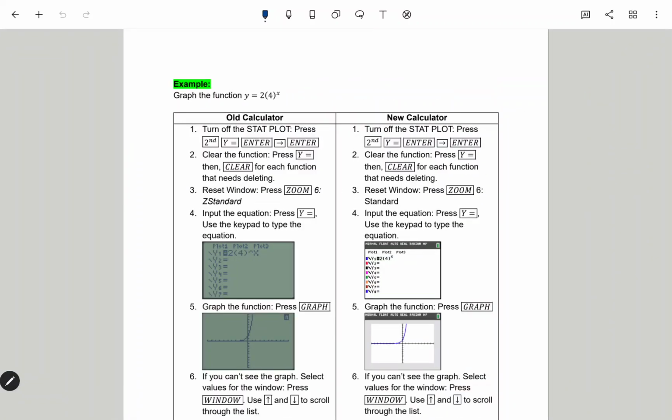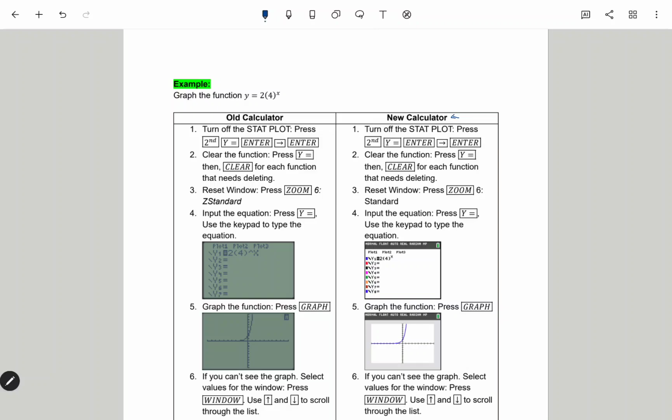Okay, so now you're going to take some time and you're going to practice graphing this on your calculator. So now everybody I saw in our class had the new calculator. The steps for this are pretty much the same no matter which calculator you have, just the screens look a little different. So first you're going to make your stat plot make sure it's turned off.